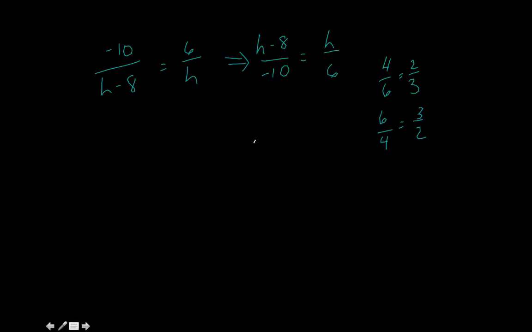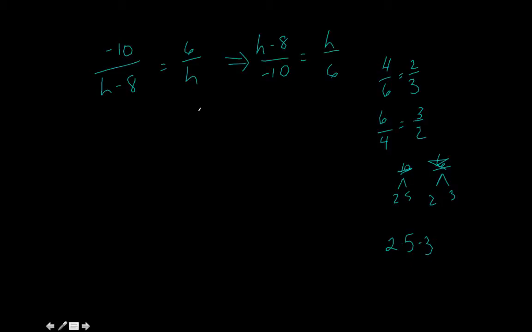Okay, so now we need a common denominator for 10 and 6. The most 2's we ever have is just 1. The most 5's we have is 1. The most 3's we have is 1.